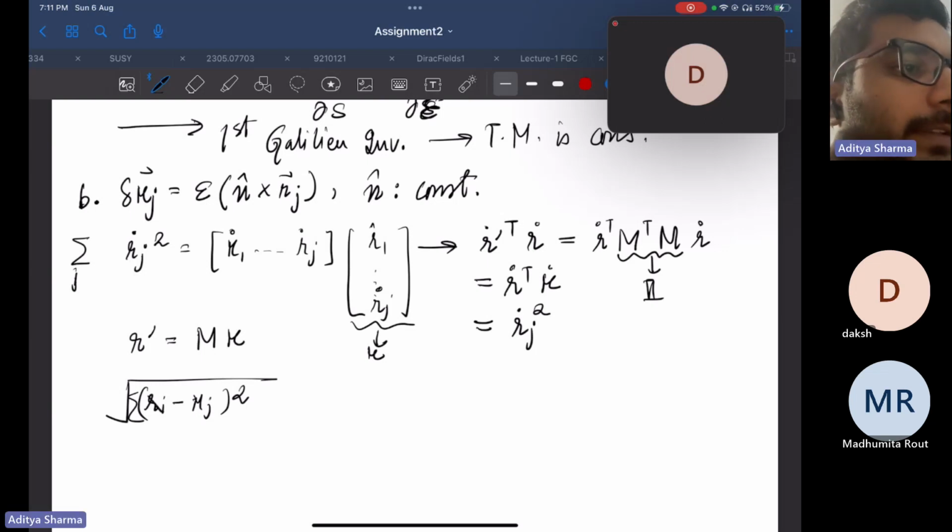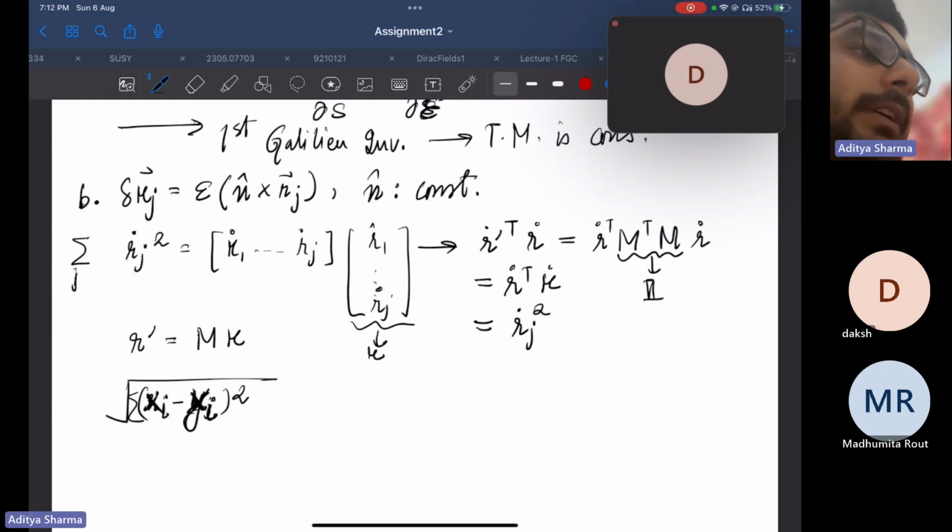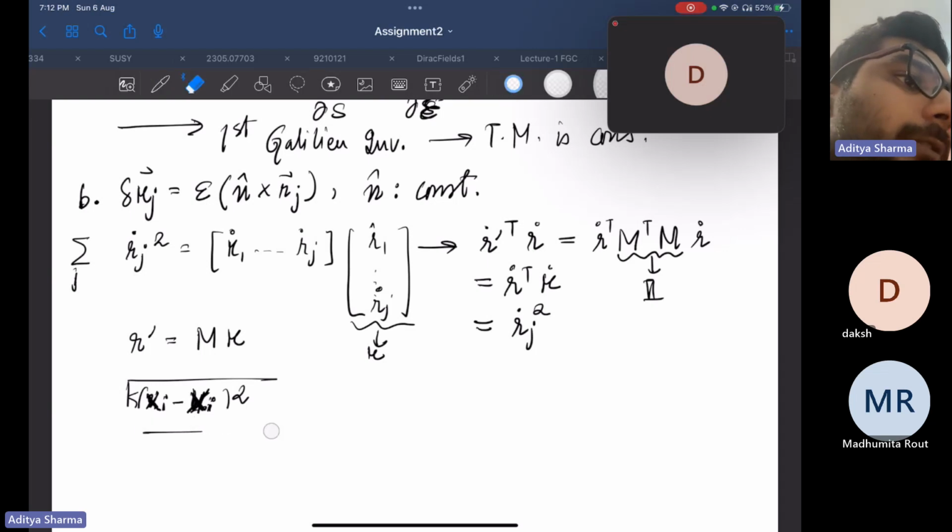These, sorry, xi minus xj, xi minus yj. xi, yi are the components of the ith and jth particle. So these kinds of distances are not changed by orthogonal transformations.